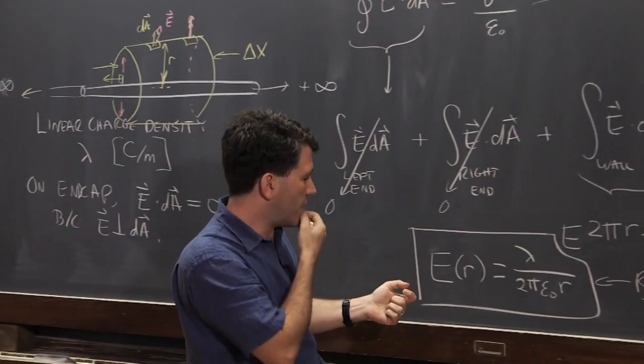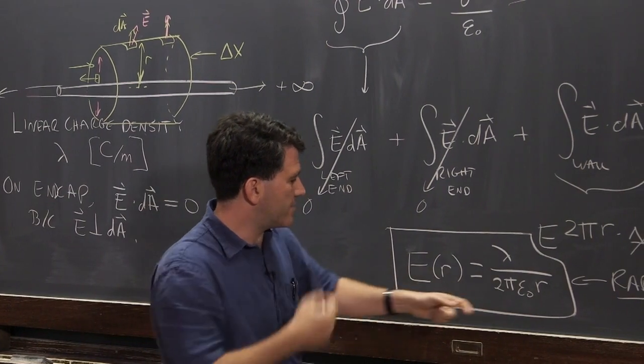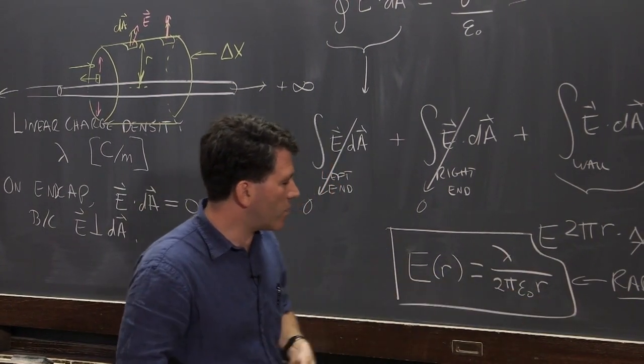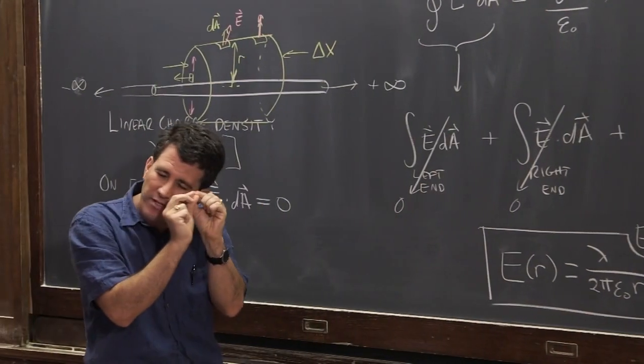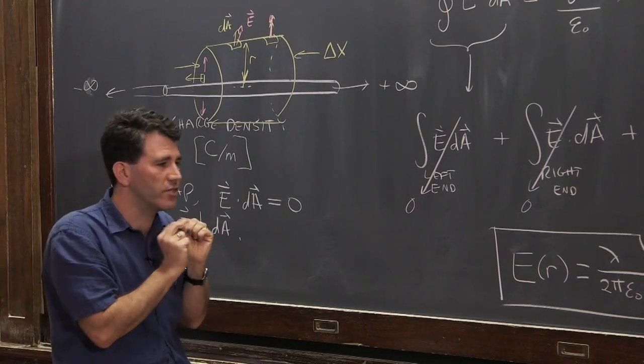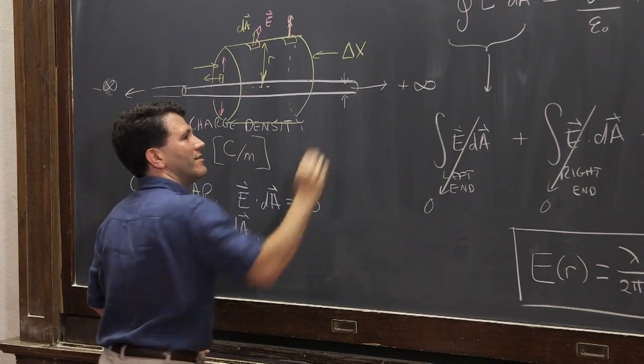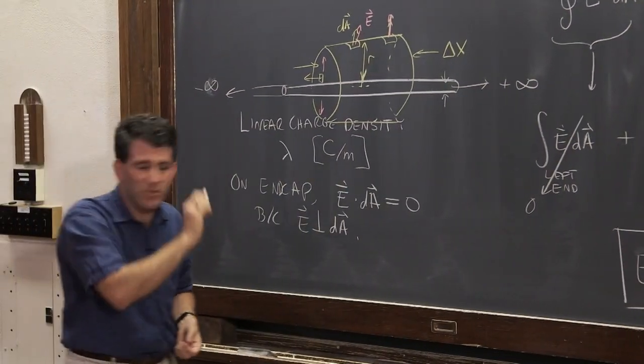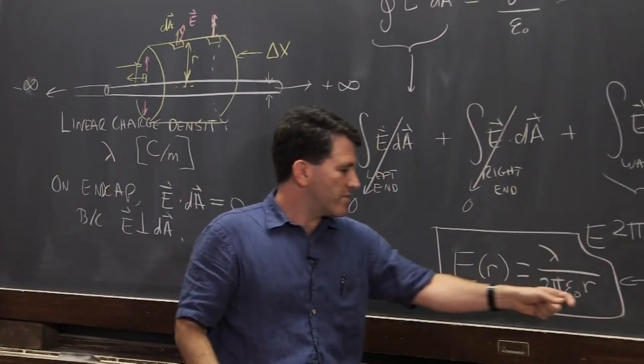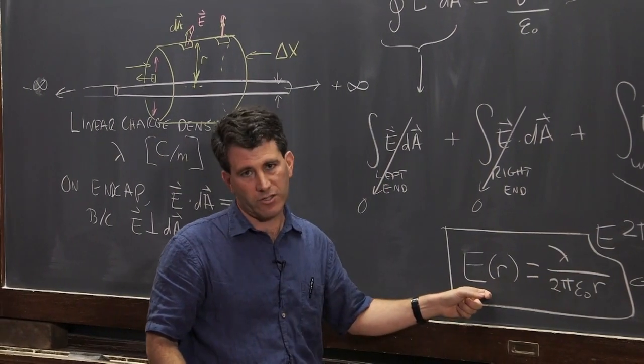And the other thing I wanted to point out is that as you get very, very close to the axis, assuming we have an infinitesimally skinny line of charge, assuming that the little diameter I drew here is actually very, very, very small, the electric field can get very, very large.